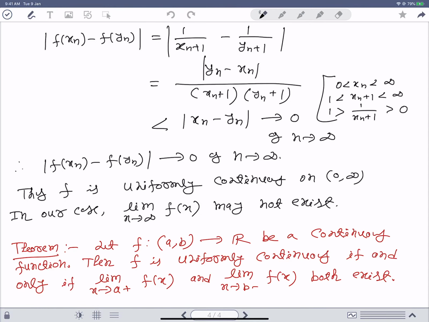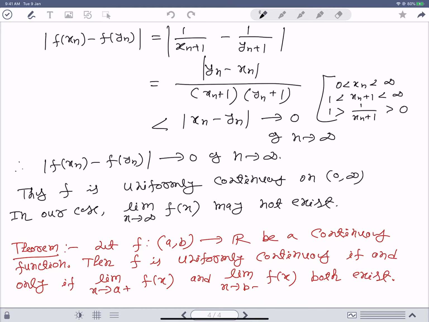Let f be a continuous function on the open interval (a,b). Then f is uniformly continuous if and only if the right hand limit at x equal to a and the left hand limit at x equal to b of the function f both exist. Why? If both limits exist, then we can extend this function continuously to the closed interval [a,b]. Now we know that any continuous function on a closed and bounded interval is uniformly continuous.